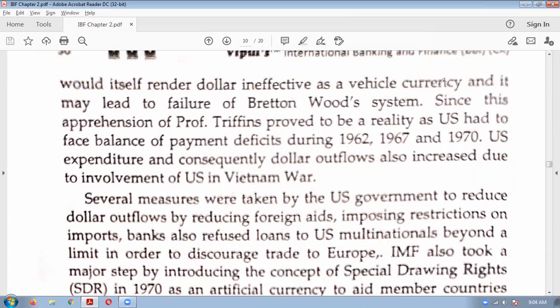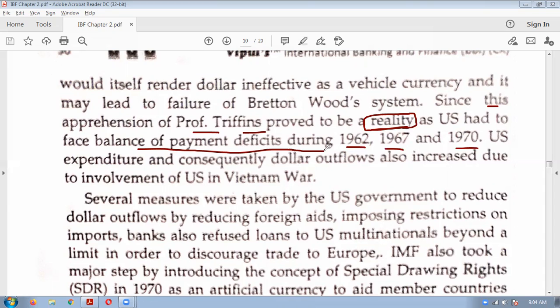Now, this apprehension of Professor Triffin's proved to be a reality. Very important: this economist apprehended that this would happen, and it actually happened. In 1962, 1967 and 1970, the USA had a deficit in balance of payment.